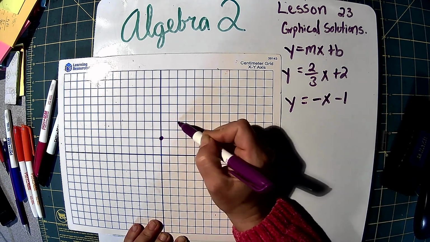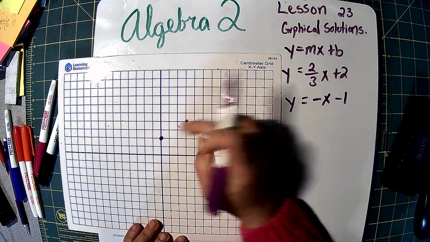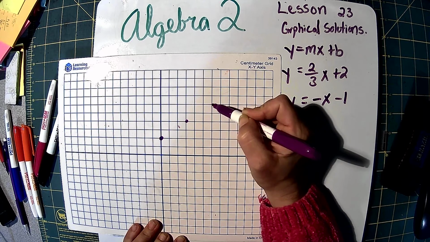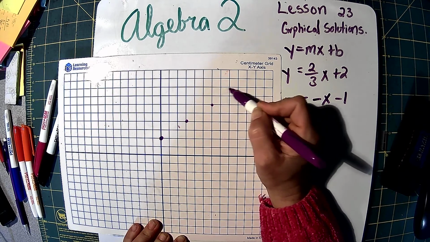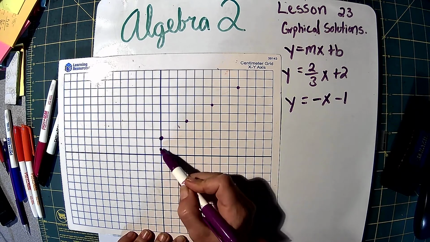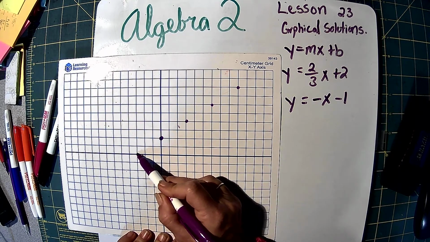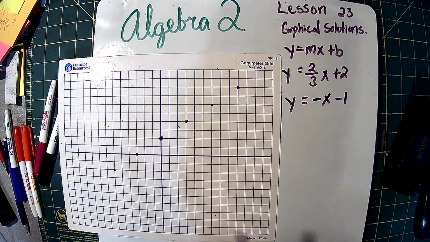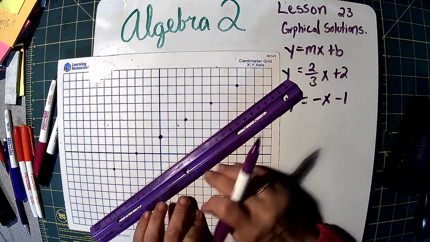So we go up 2 over 3, up 2 over 3, up 2 over 3. Or we could go down 2, backwards 3, down 2, backwards 3. There we go. Alright, and then I'm just going to take a ruler and draw a nice straight line.